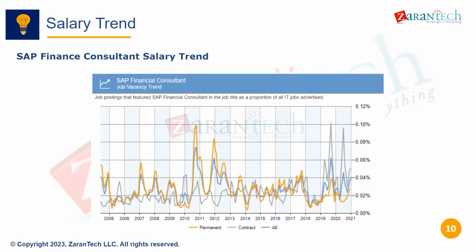SAP has given a deadline until 2025 to upgrade existing SAP systems to S4HANA. By 2025, all companies should upgrade their older versions of SAP to the latest S4HANA version. Since the introduction of S4HANA, the demand has been increasing because there is a need for more consultants to implement this software, right?